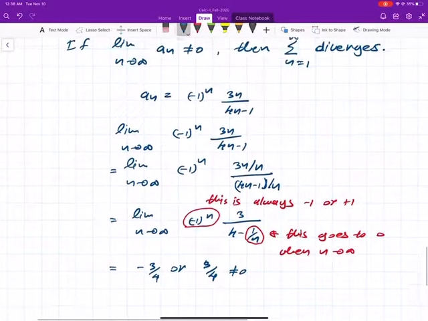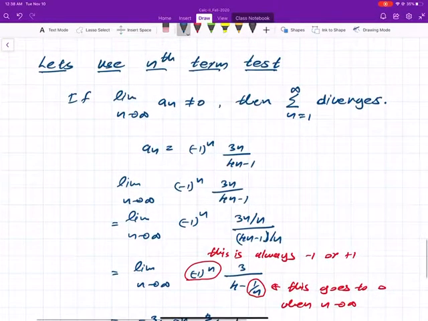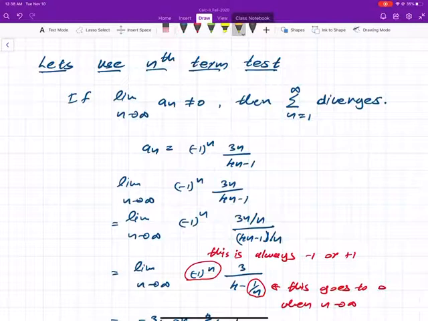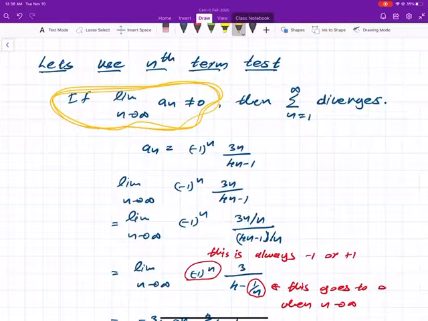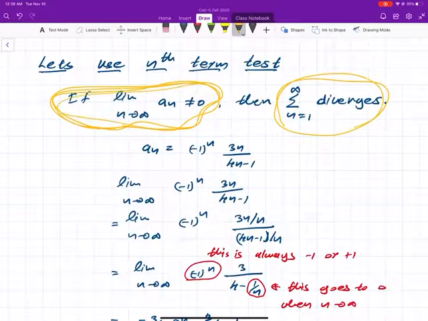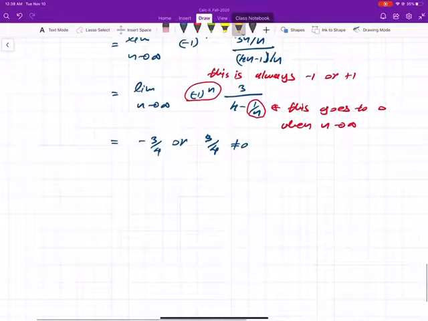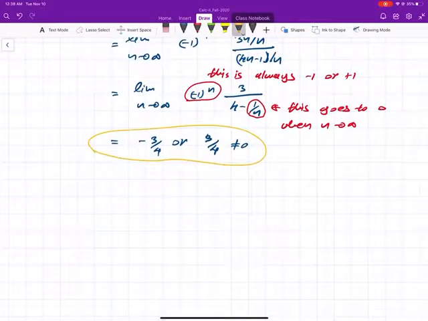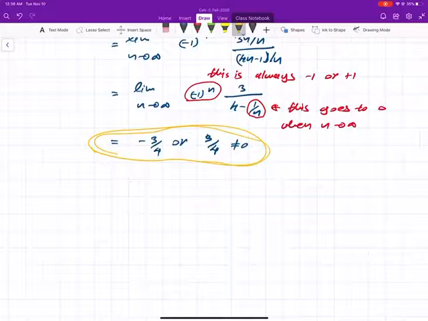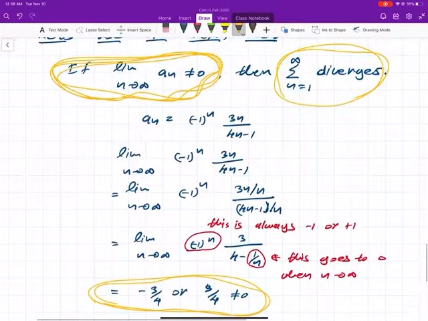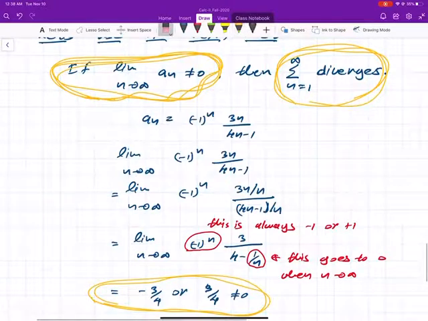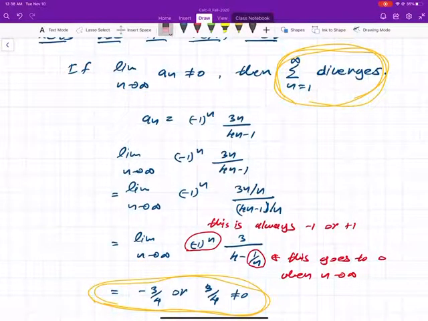That means by using the n-th term test, if this an does not go to 0, then the series diverges. This an does not go to 0. That's what happened here. It is either positive 3 over 4 or negative 3 over 4. Then the series diverges. Alright, so that is the conclusion.